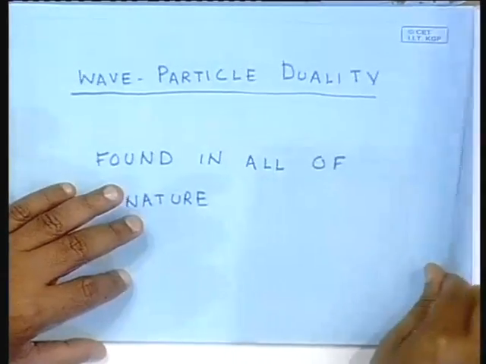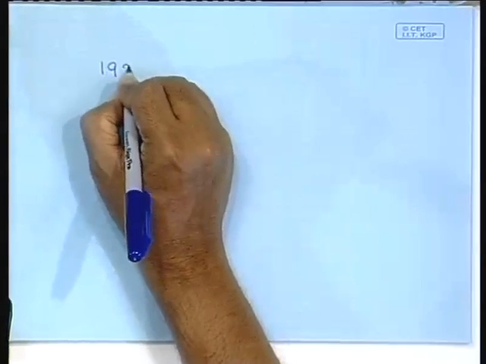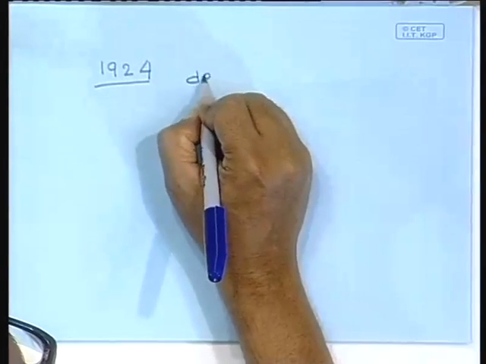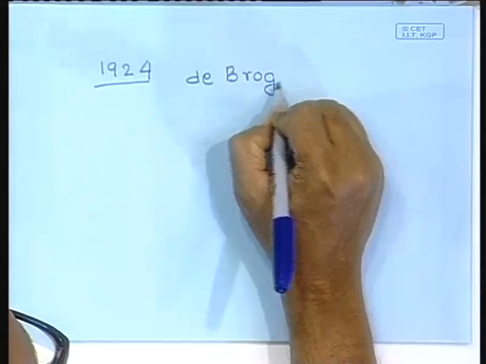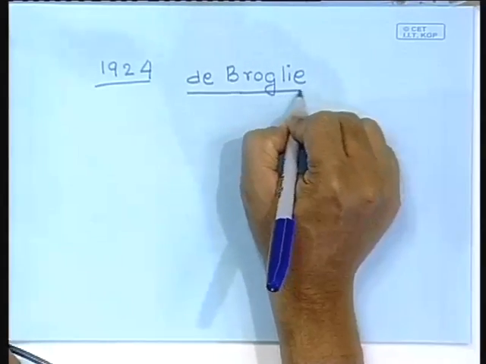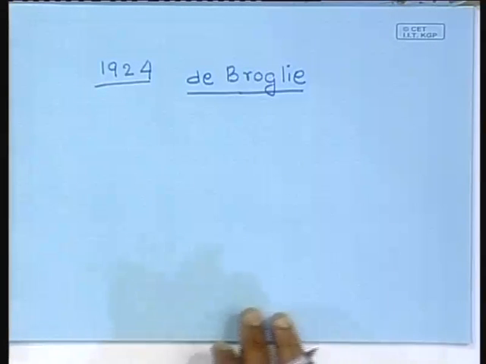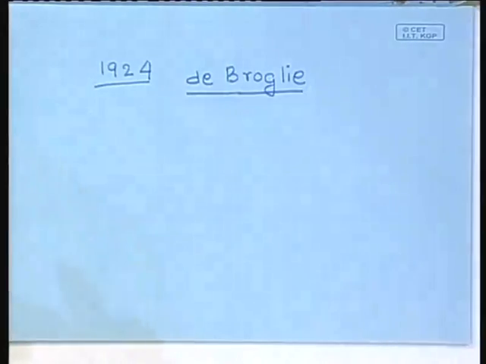In 1924 the French scientist de Broglie hypothesized that associated with every particle we have a wave.